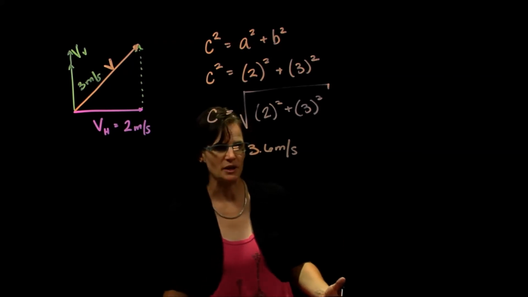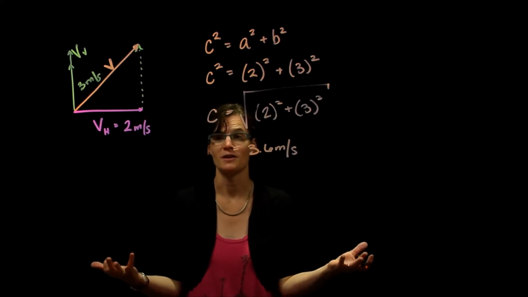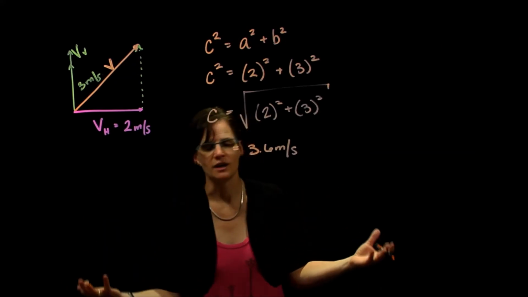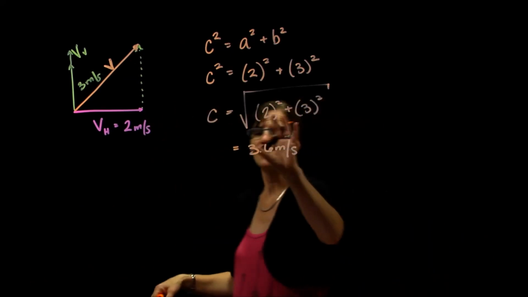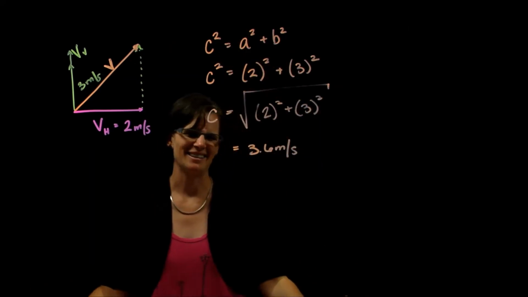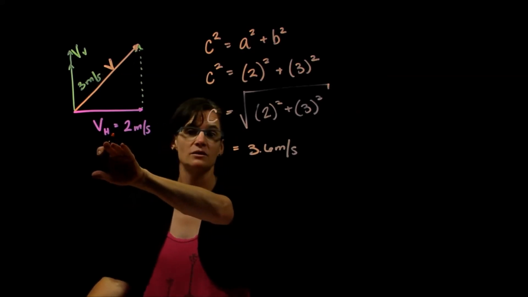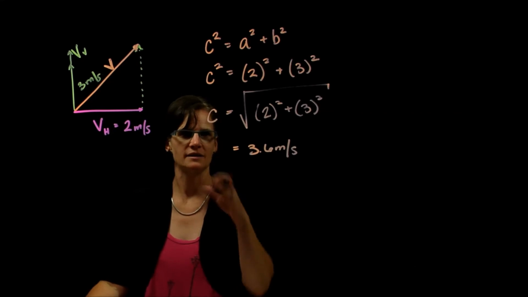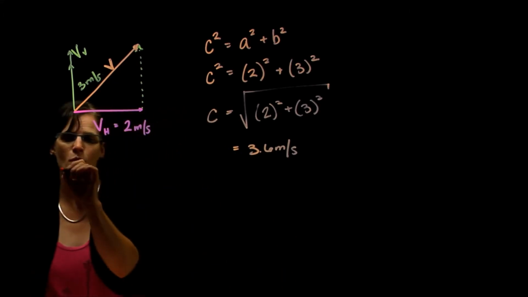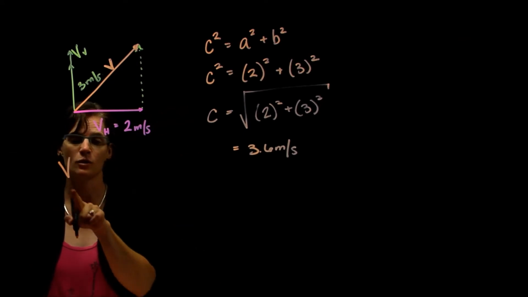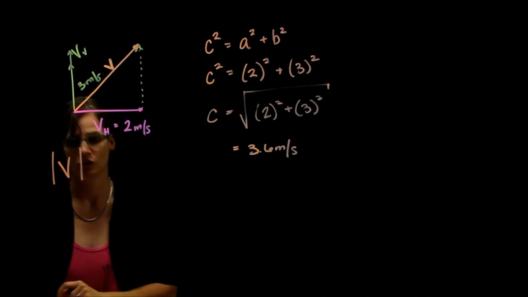Before I get to the direction, let's make this a more generic form in terms of our velocity vector, or our position or displacement vector, or it might be our acceleration vector or force vector. Whatever the component is, we're typically not going to talk about it as a's and b's. This was horizontal velocity, vertical velocity, and c was our hypotenuse, or true velocity. So it might look more like this if we're going to represent the physical quantities, specifically the magnitude of the velocity.